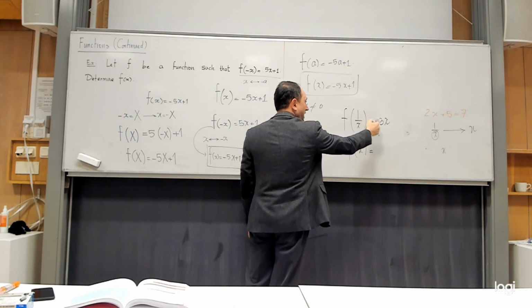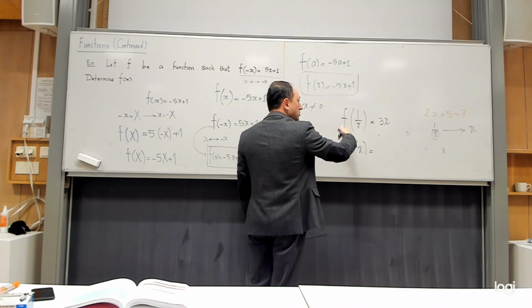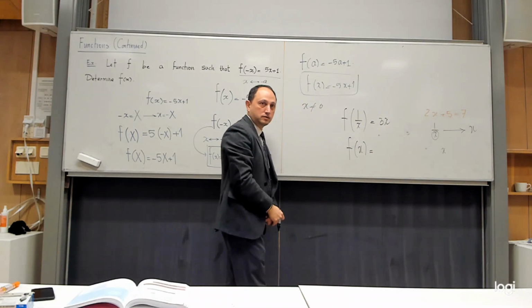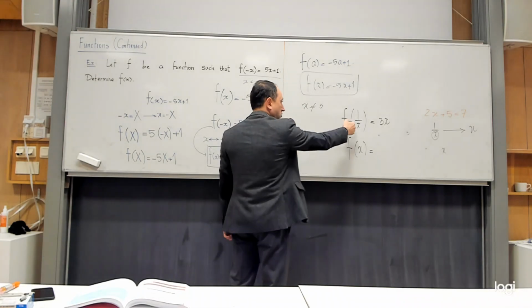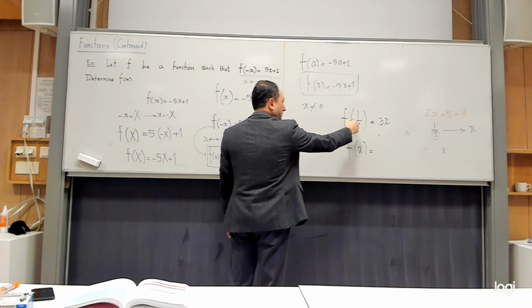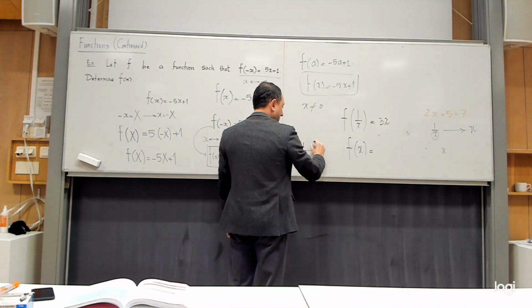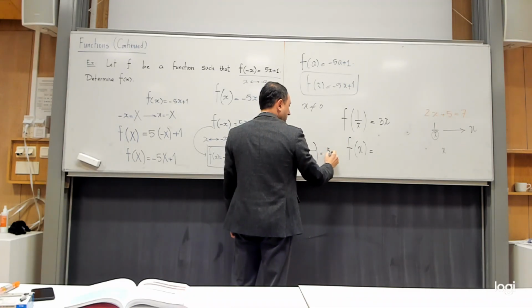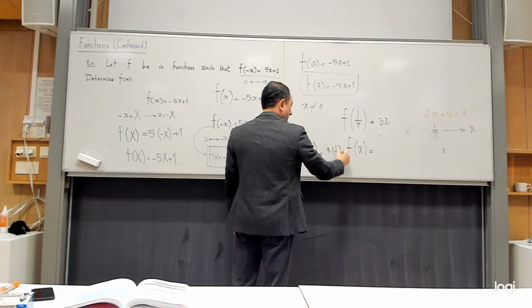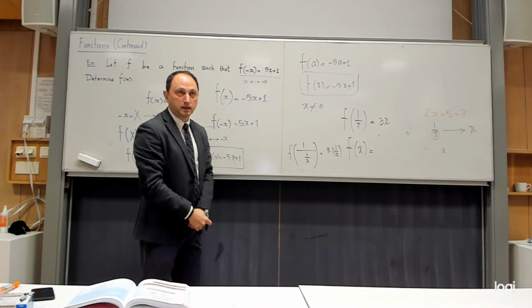So if this is valid for x, this is also valid for 1 over x. That I want you to understand. And that's a crucial step.